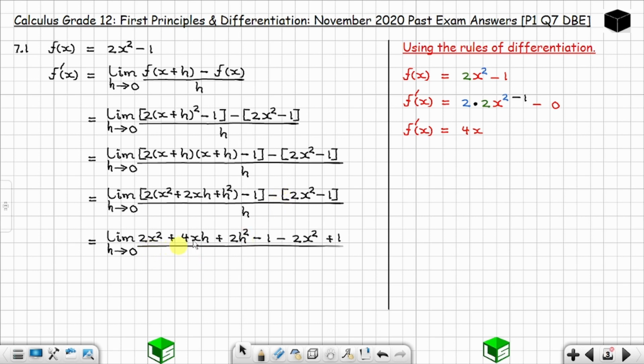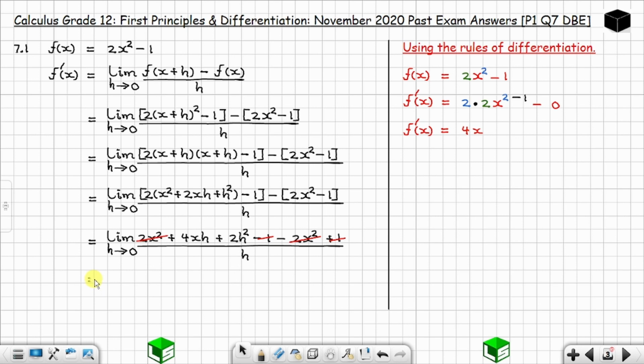This is over h. And so you can see you have 2x squared minus 2x squared, this will go, and then you have minus 1 plus 1. You can see that this gives you 0 again. So you only have this and this remaining.